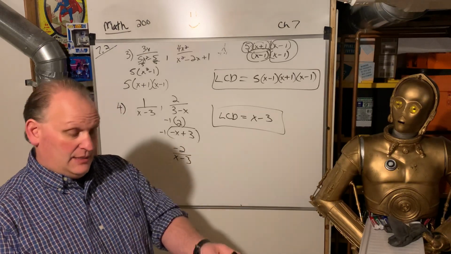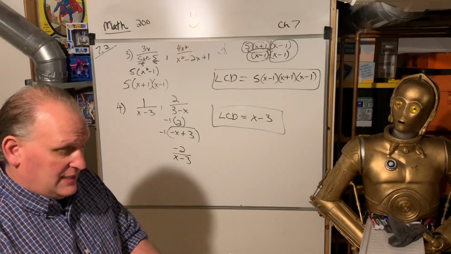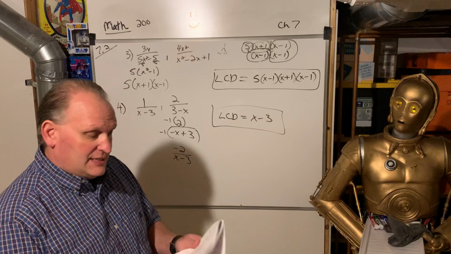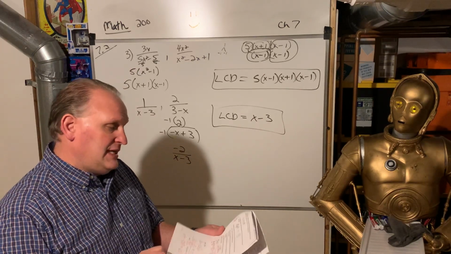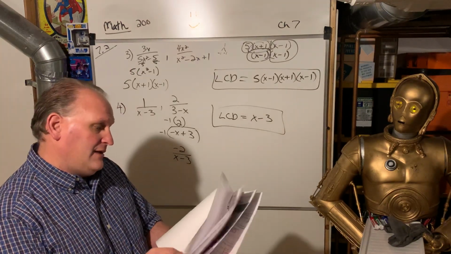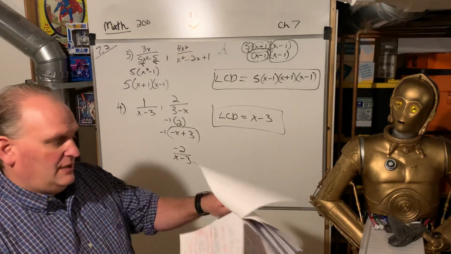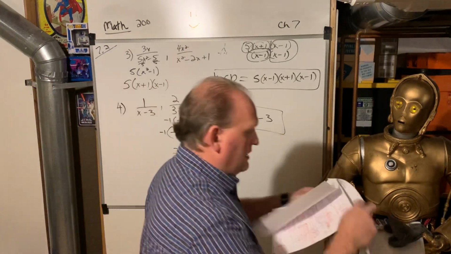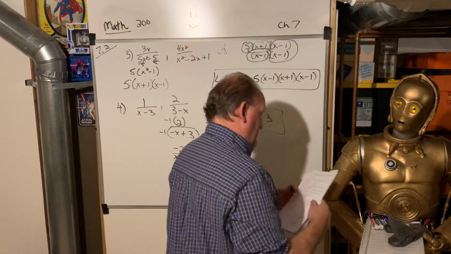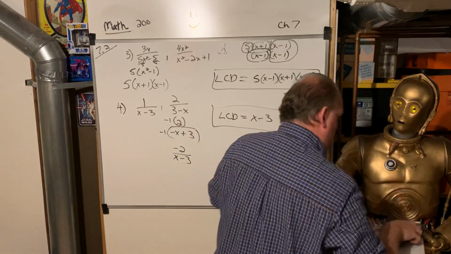Okay, let's look at the next page, page 6. They want us to find the LCD and then add or subtract. That is page 6 and page 7. So these are a little more intense. So let's take a look at these.